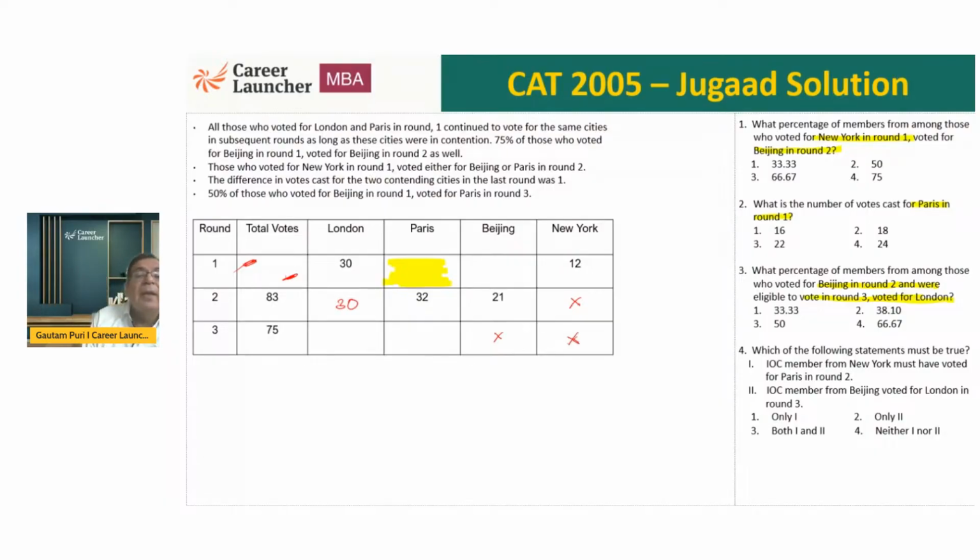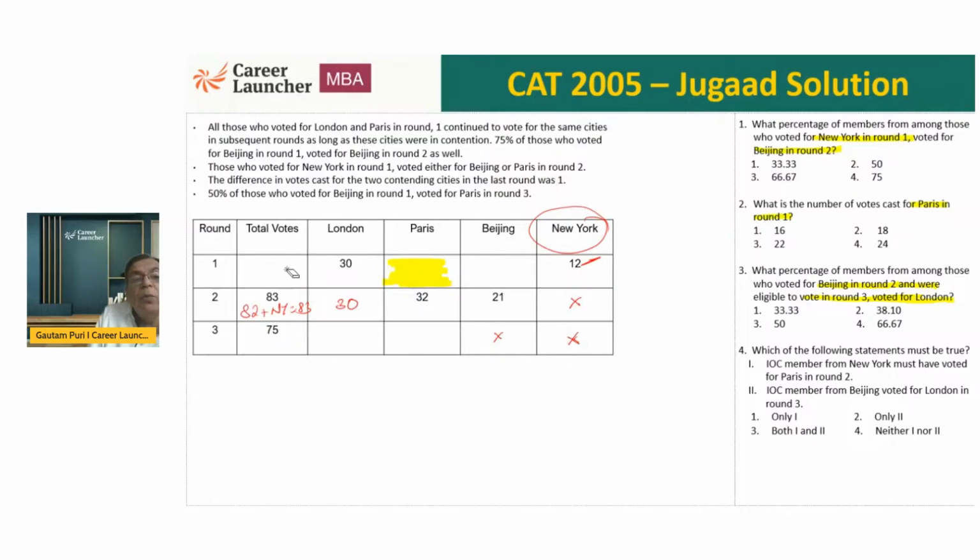The only change in number of voters from round 1 to round 2 will be New York. New York did not vote in round 1. New York will vote in round 2. So 83 minus New York is equal to 82. Or let me put it this way: 82 plus New York is equal to 83.